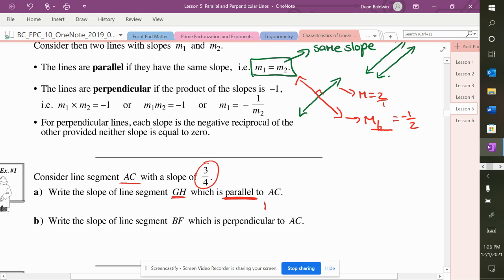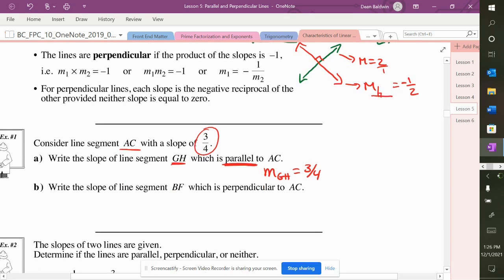The same. So that means the slope of GH is equal to 3/4. So that's one of the things that'll make this unit difficult: the words have meaning and can change the whole question. If I say parallel versus perpendicular, that means something.